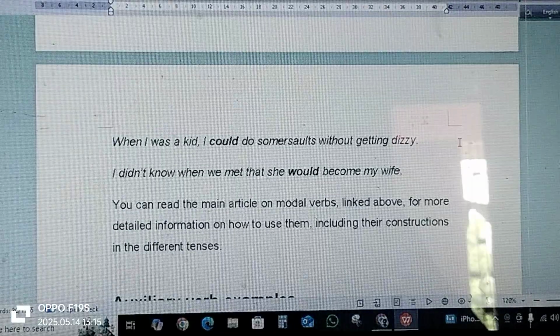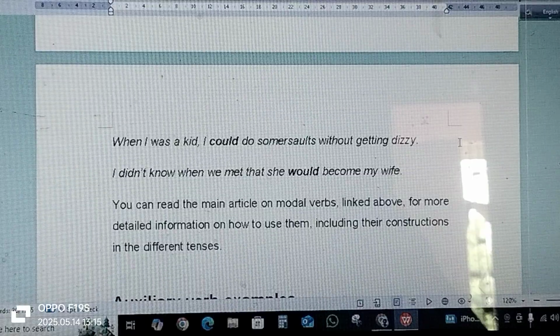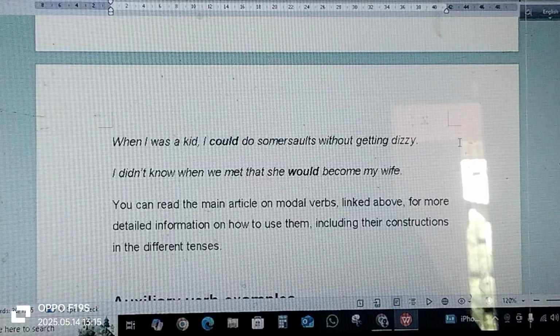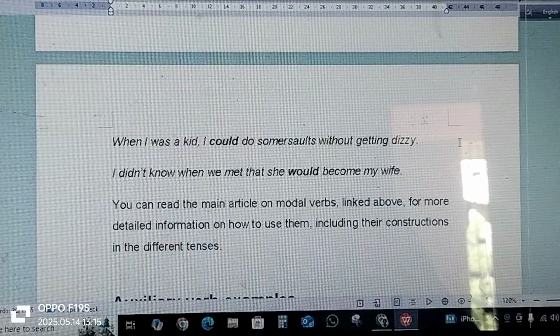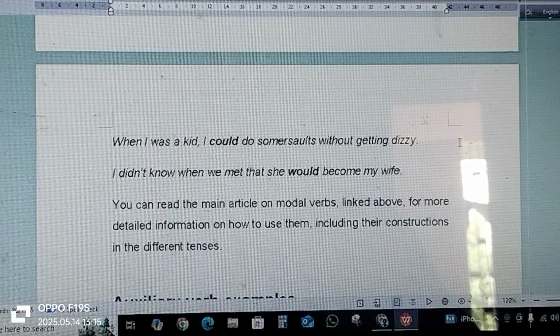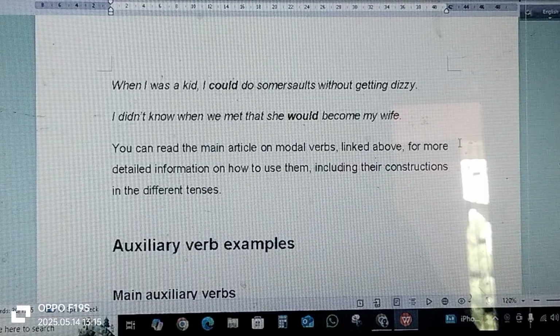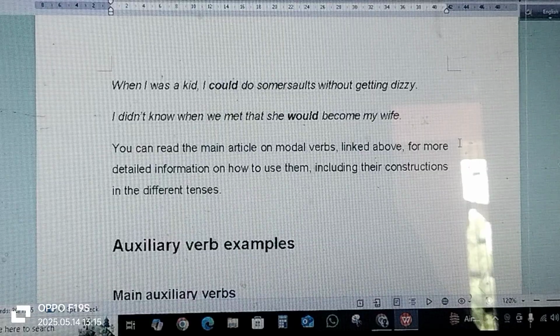Here is a sentence: when I was a kid, I could do summers without grazing Tracy. The next sentence: I didn't know when we met that she would become my wife. You can read the main articles on modal verbs for more detailed information on how to use them, including their constructions in different sentences.